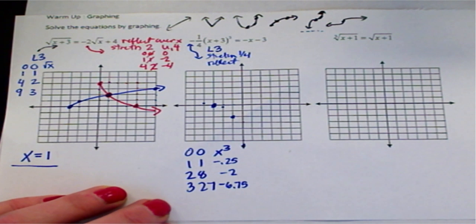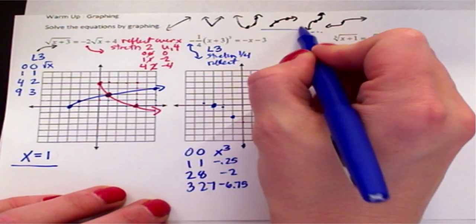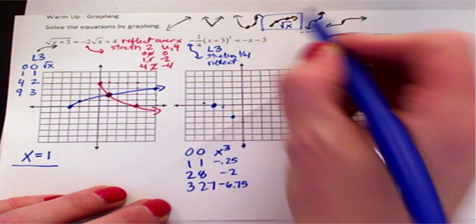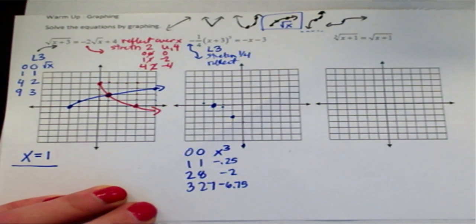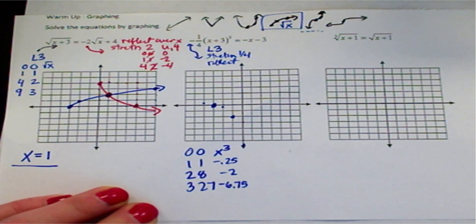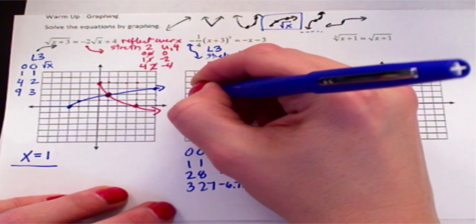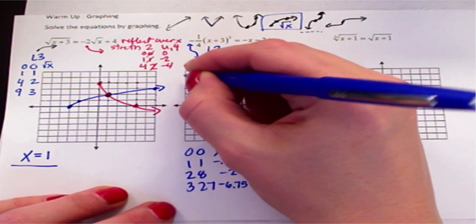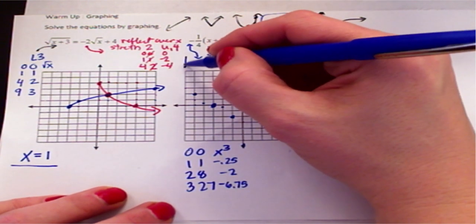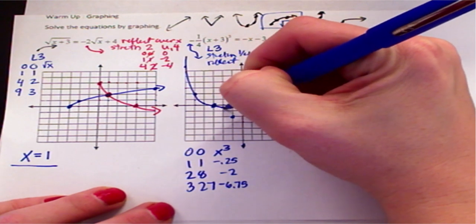Because remember, cubes, negatives stay negative, which means you have both directions. Notice the square root graph is the only graph with an endpoint. Everything else has 2 arrows, both directions. Okay, over 2, up 2, over 3, up 6 1/4, and connect.